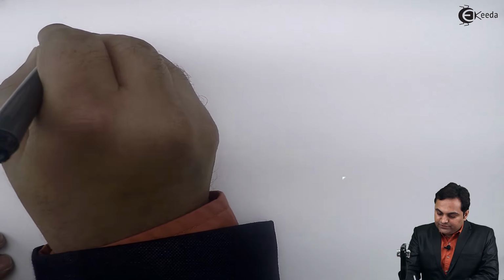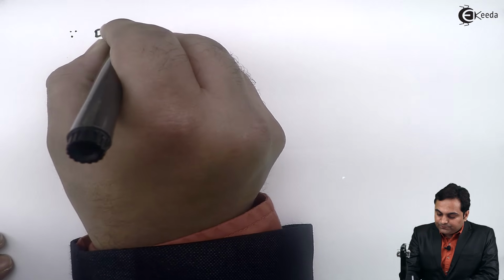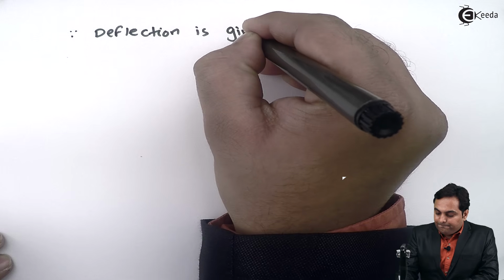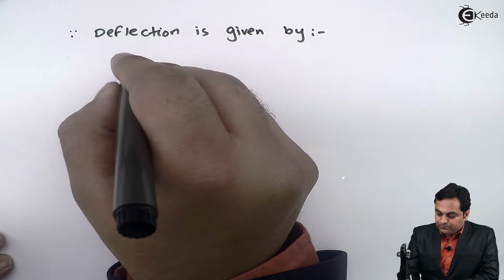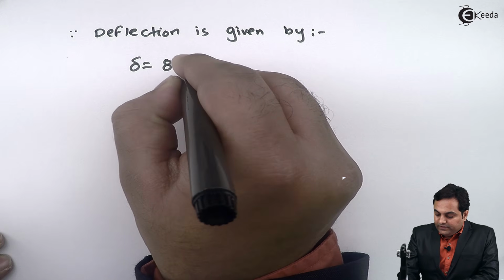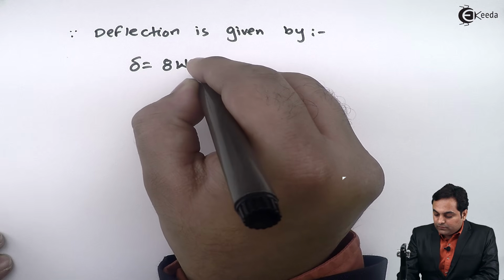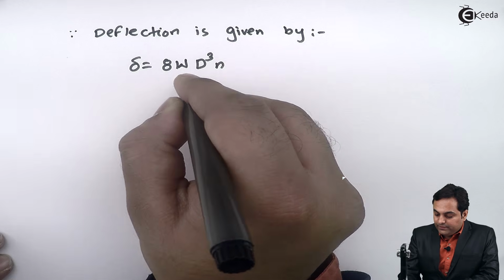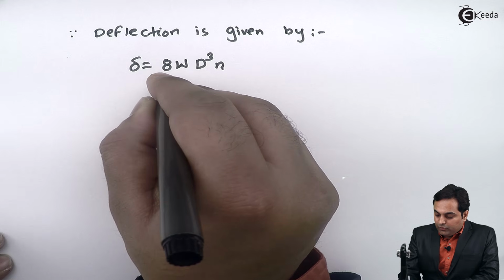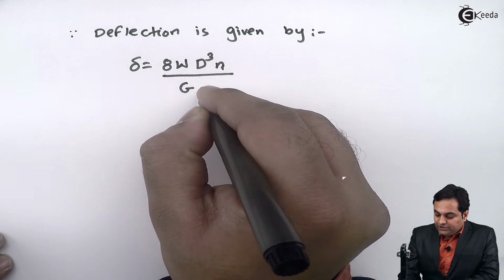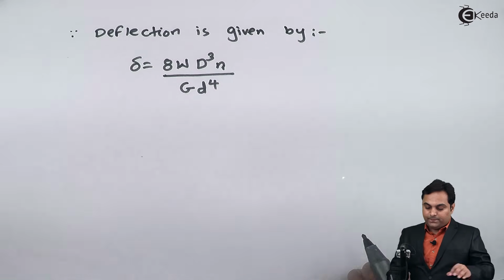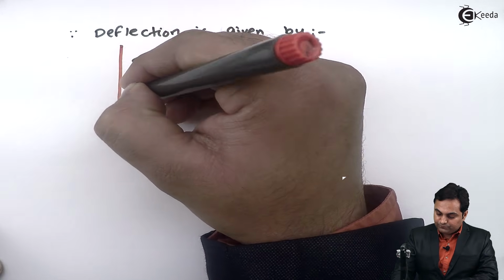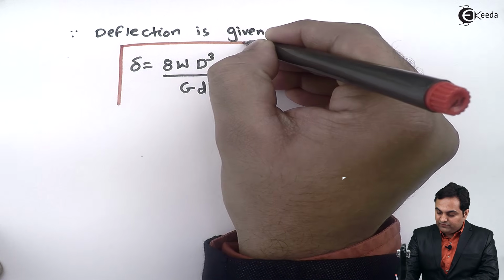I'll write down, since deflection is given by 8W D cube n upon G d raised to 4. This is the formula of deflection.